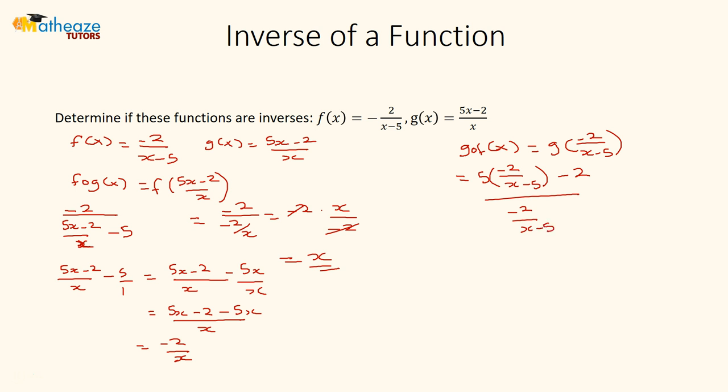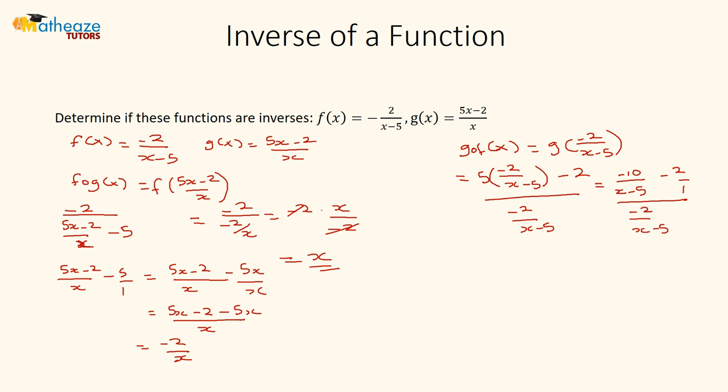Now let's simplify. This is going to be negative 10 over x minus 5 minus 2 over 1 divided by negative 2 over x minus 5.